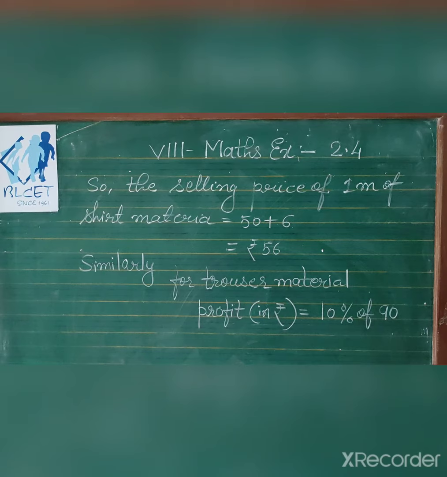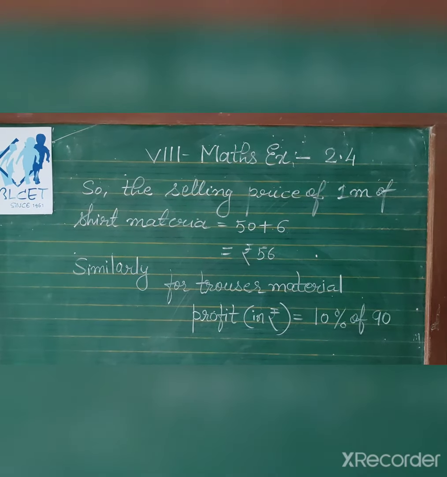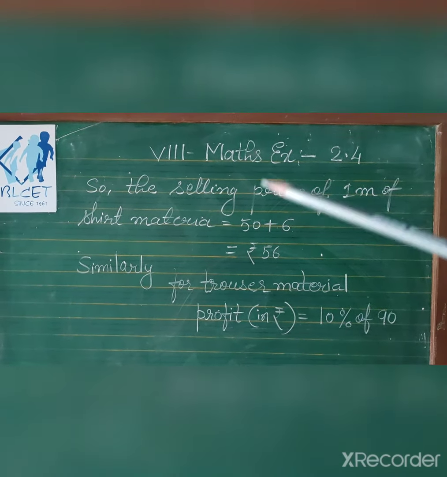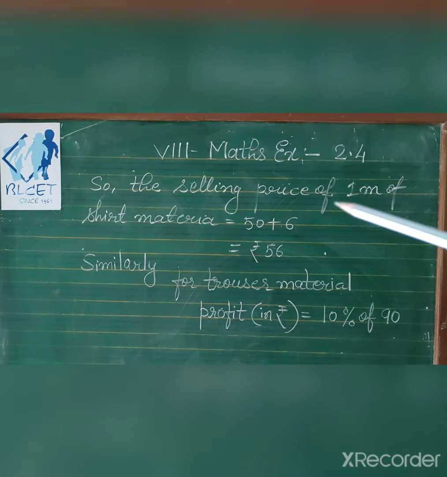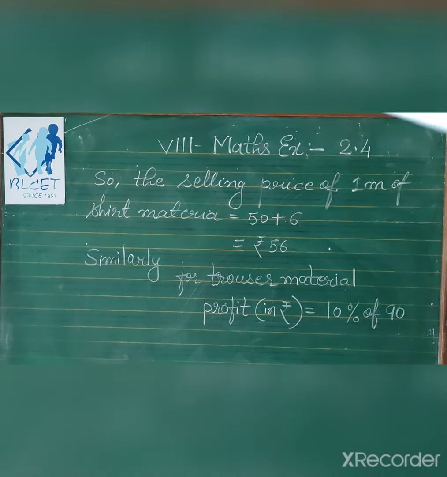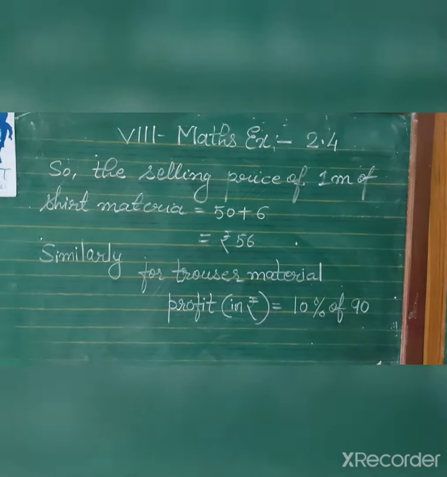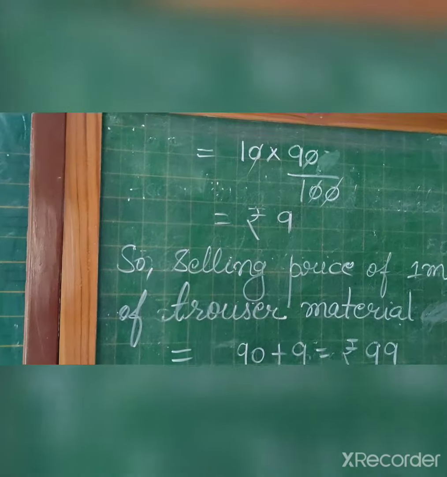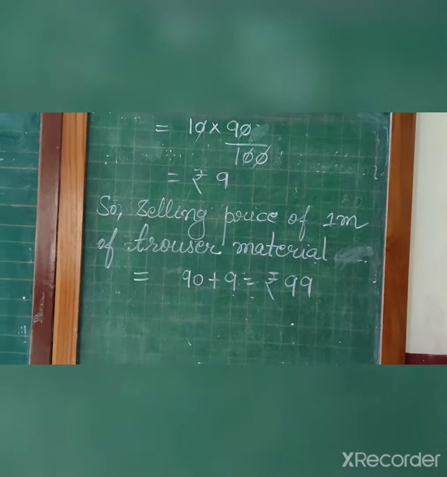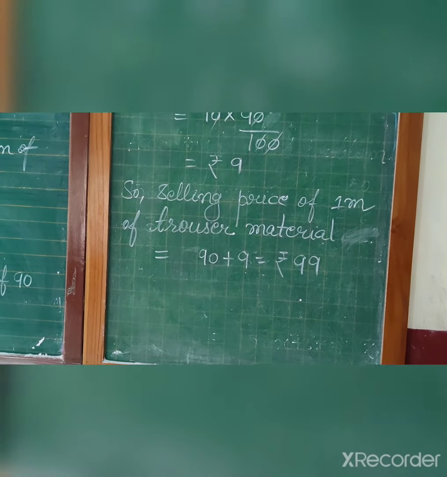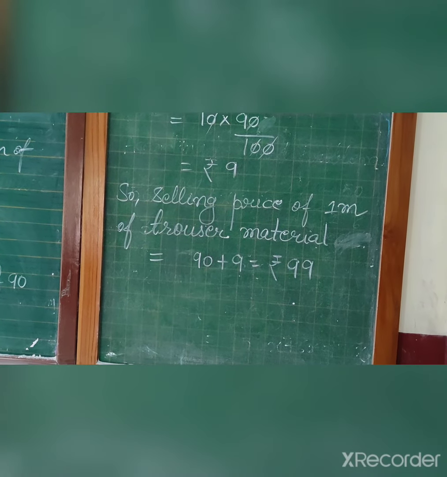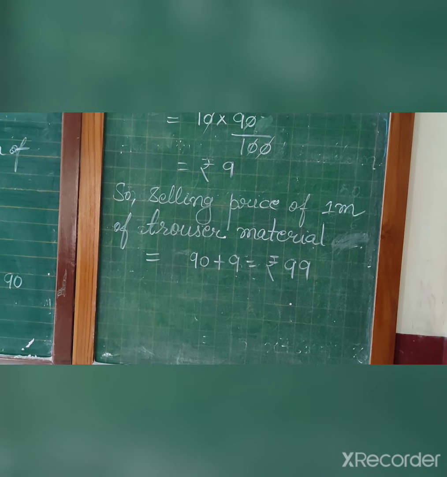Similarly for trouser material, profit is 10% of 90. So 10 into 90 upon 100, so rupees 9. So the selling price of 1 meter of trouser material is equal to rupees 99.